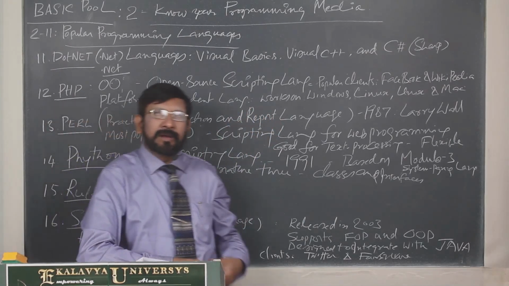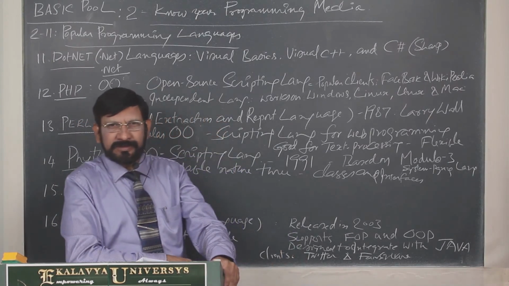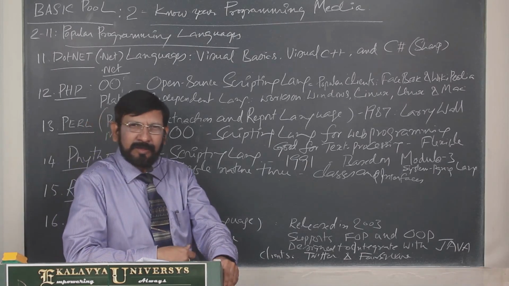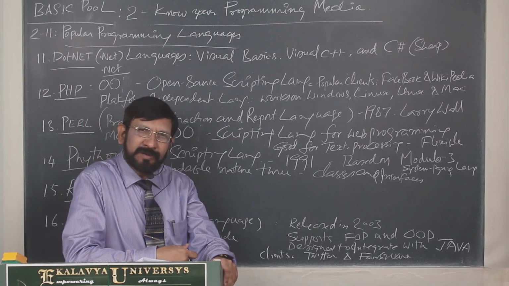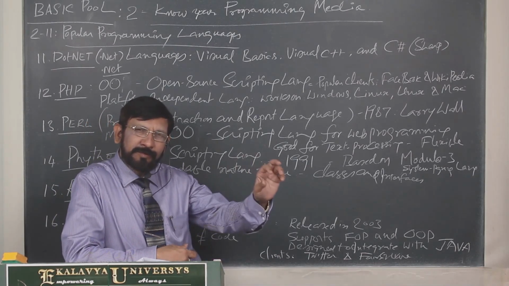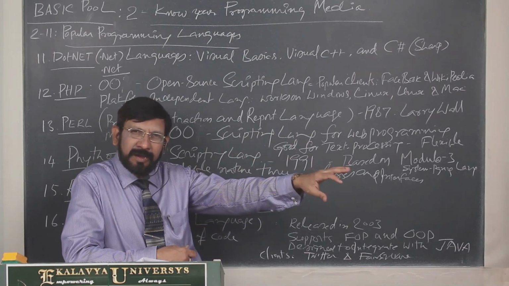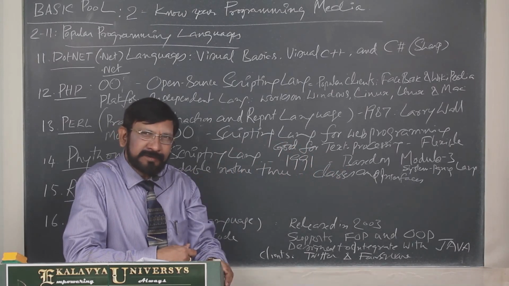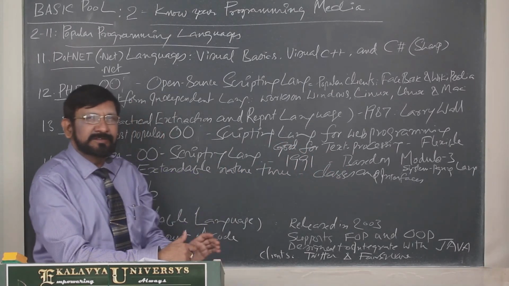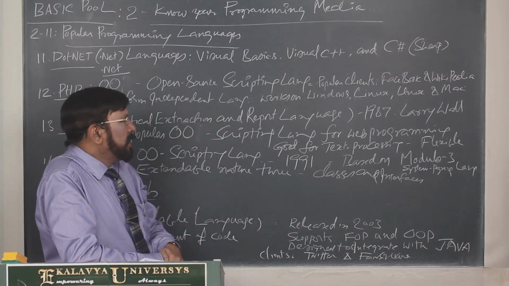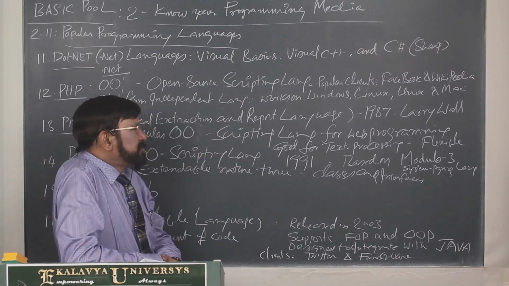Actually, other languages except Java, like C and C++, are not platform independent. That's why you have to use separate compilers on different platforms. With platform independence, we can overcome that limitation.